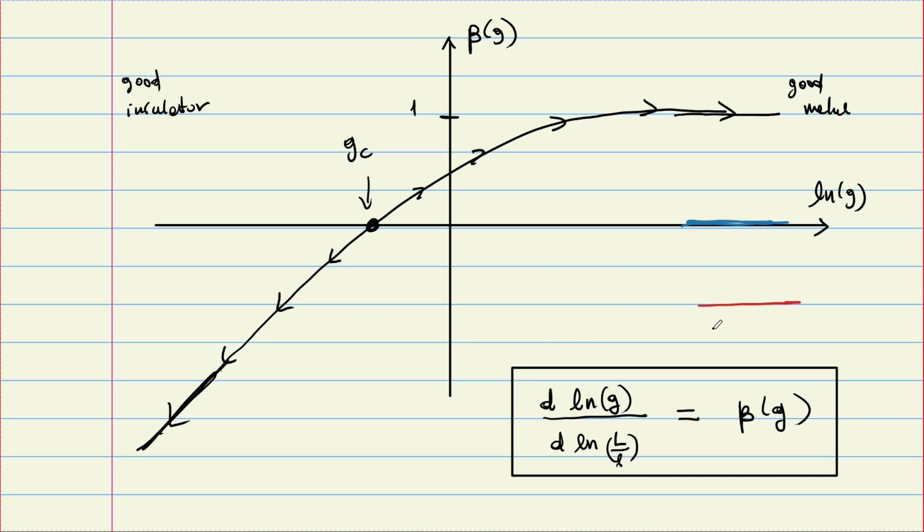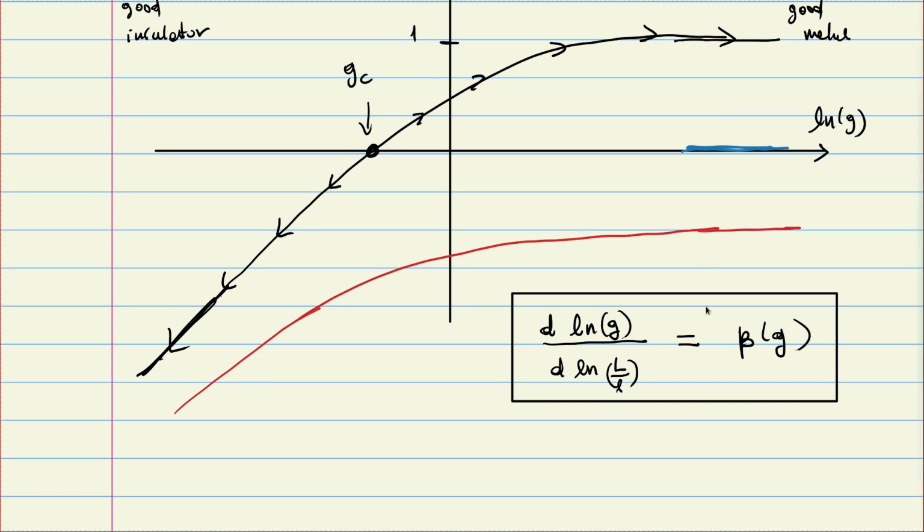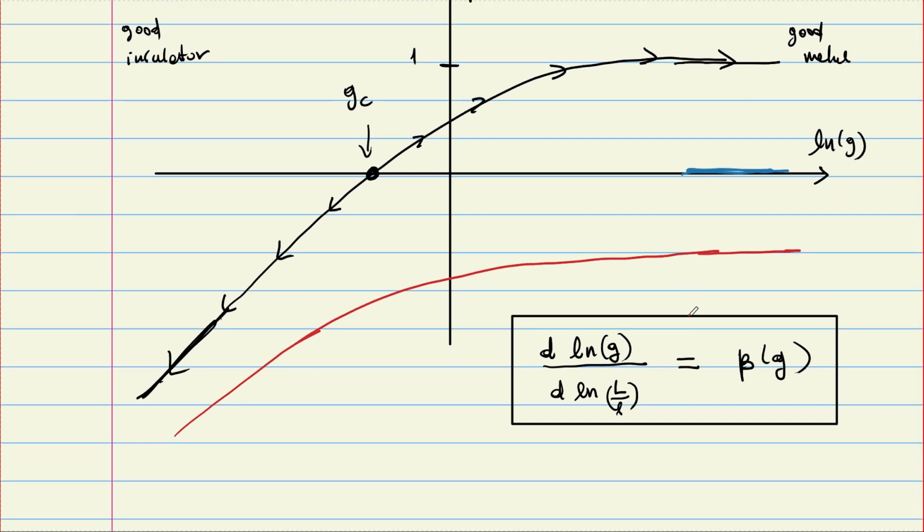And in the red case, the one-dimensional case, we can also connect these, right? Something like that. And you can see in 1D, you always have a negative beta function, and there's nothing that can help you. You always flow to a good insulator. That's the strong localization in 1D.